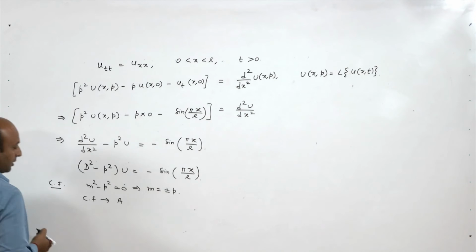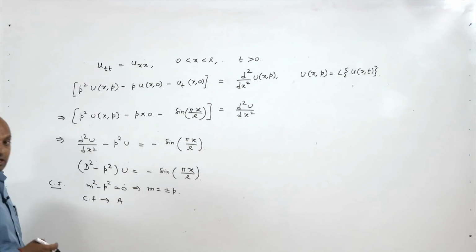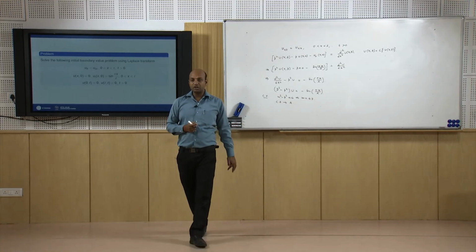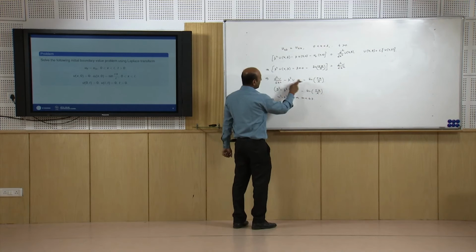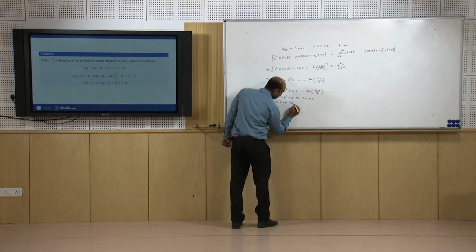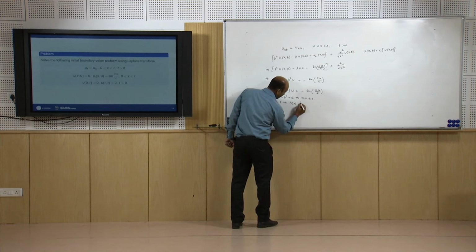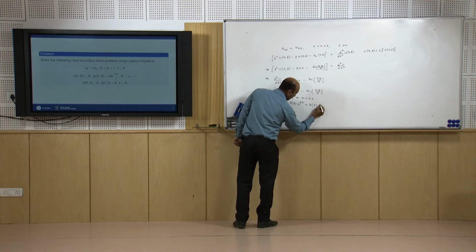So, the complementary function will be nothing but A and B, which are the arbitrary constants, are nothing but functions of p here, because U contains two variables x and p. So, A(p) e raised to the power p x plus B(p) e raised to the power minus p x.